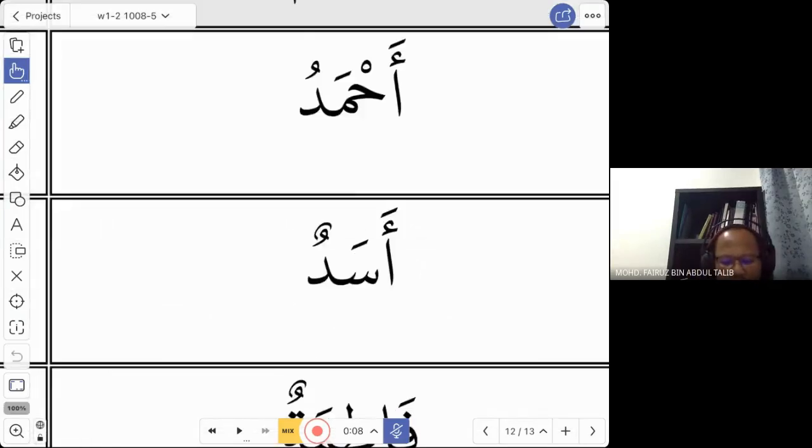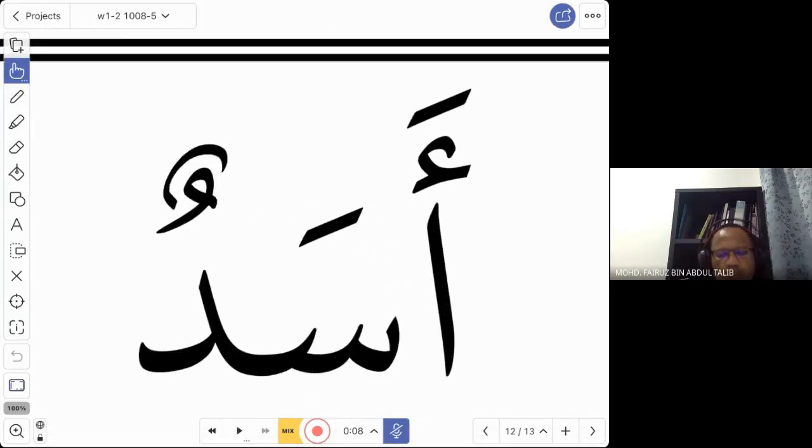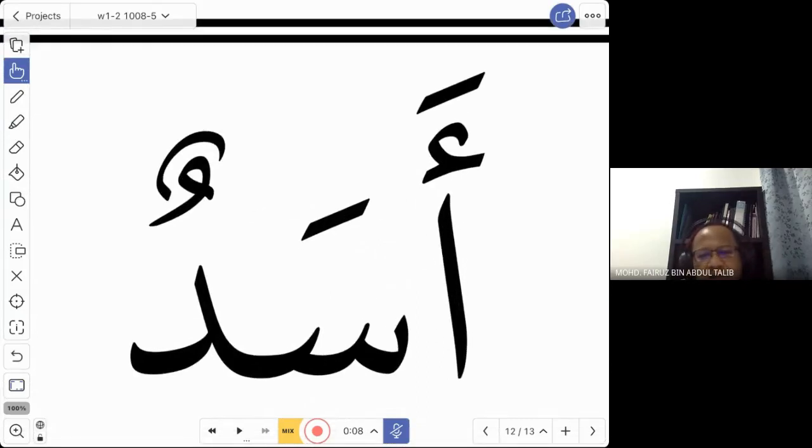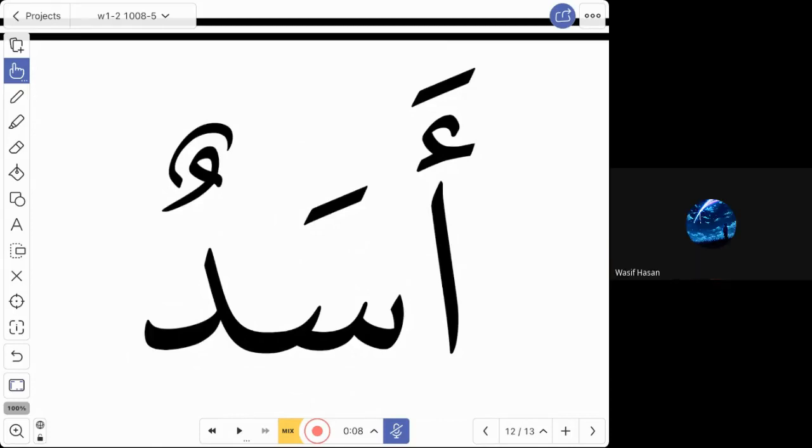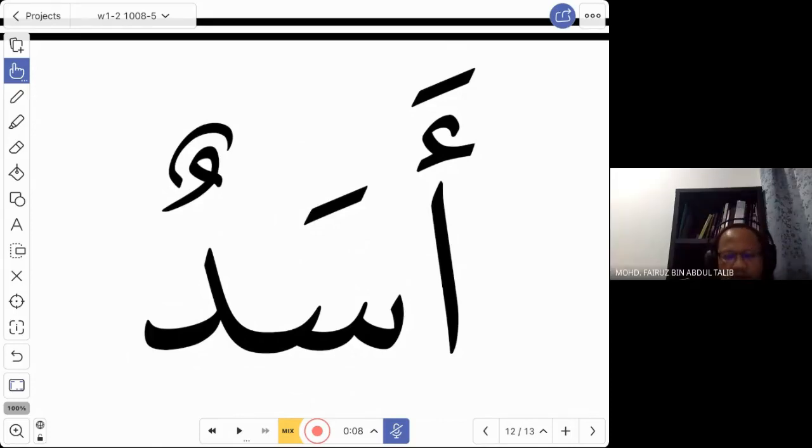Now we look at the second word, another example. Who wants to read this? Yes, Wasif, try this word. Asadun. Yes, correct. Asadun, or you can also say asad.